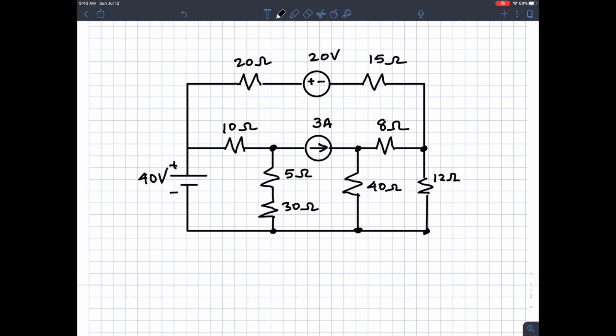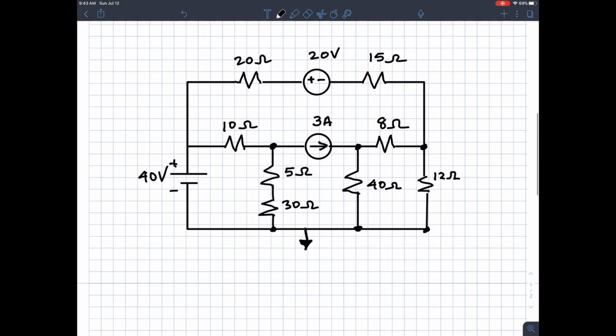Typically you choose the reference down at the bottom of the circuit. I've already done an example where you can redraw this circuit where everything connects to a common point, but I think we're past the need for doing that. If this is the reference, we call that 0 volts. That 0 volts applies over here, it's 0 volts here, and right here.